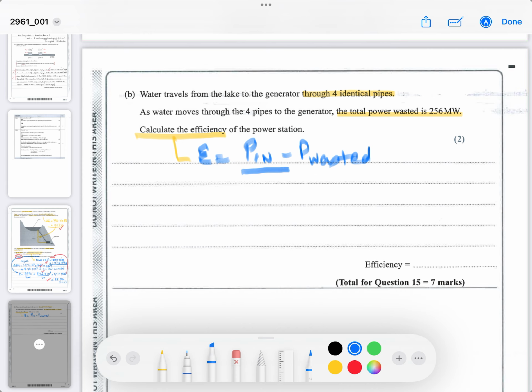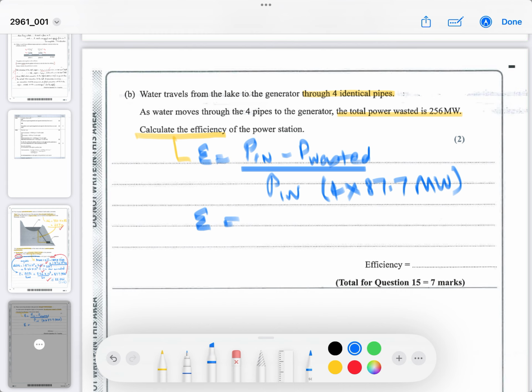We worked out power in before, divided by the power in. And if you do the maths, the power in is going to be equal to 4 times 87.7 megawatts. Let's keep it all in megawatts.